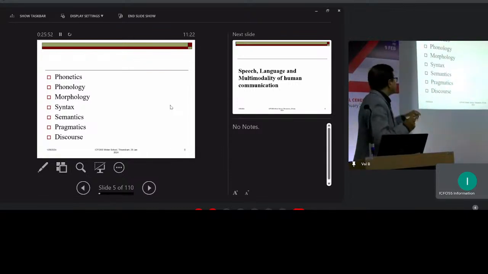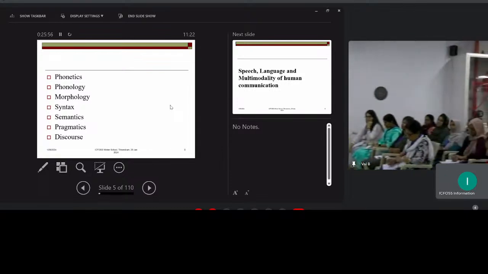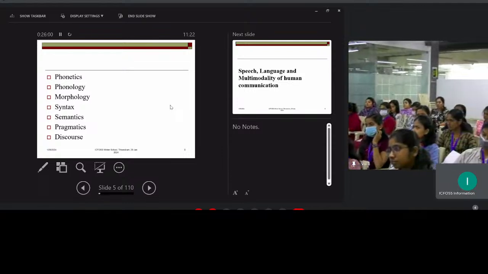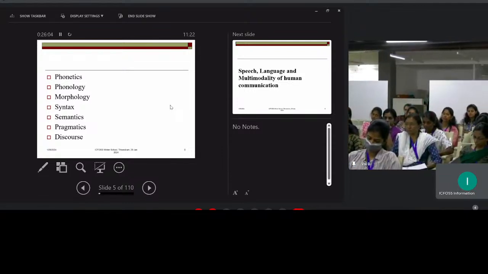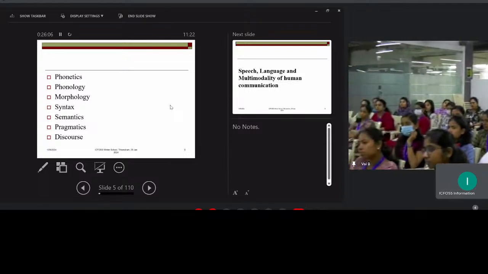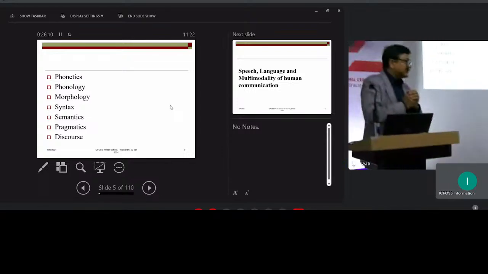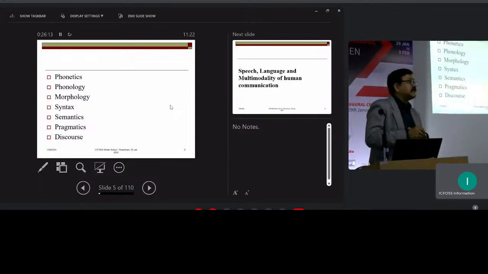And then the next step is how these sounds will combine, which gives us the phonology. Which sounds combine with which sound? Not everybody will combine with everybody. Panini says savarna, savarna: sounds of a similar class combine together. Vowels with vowels, some consonants with some vowels. We call it sound classes.